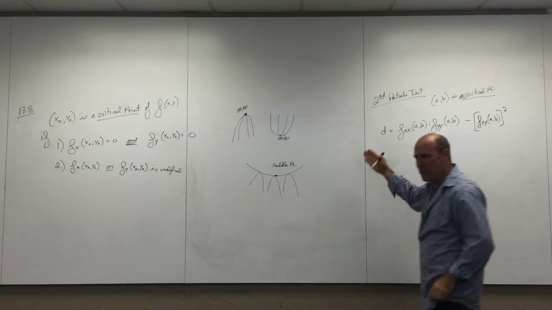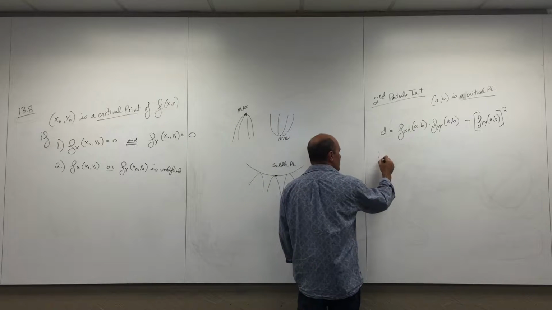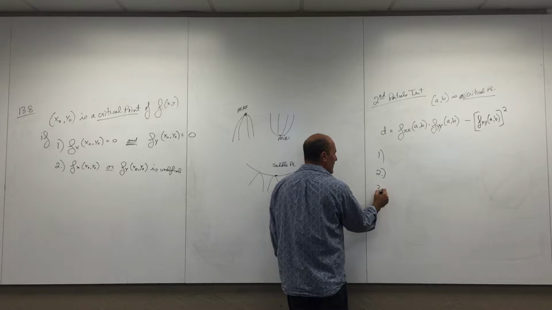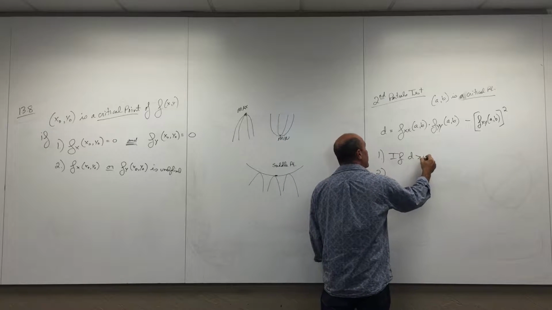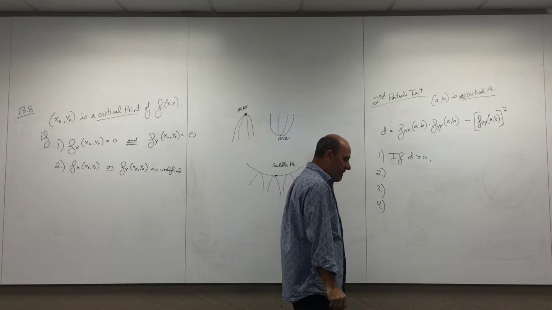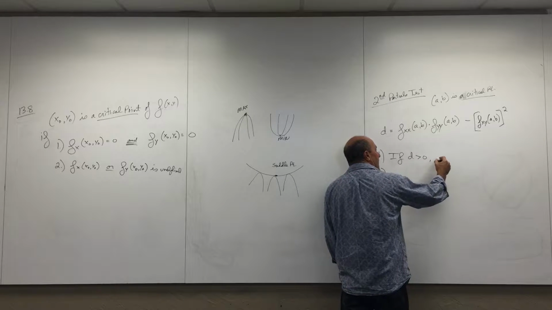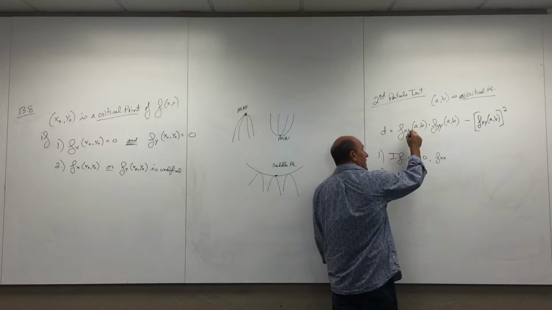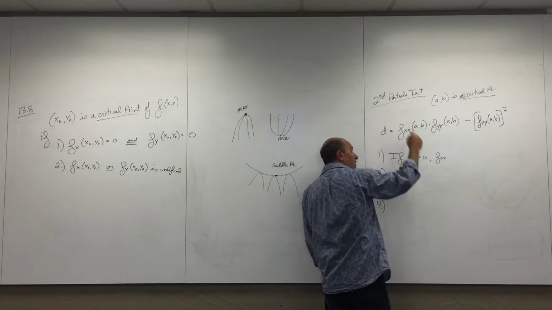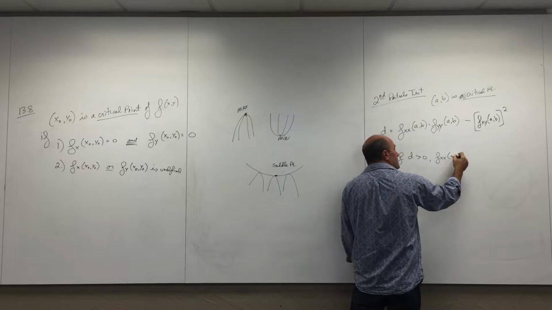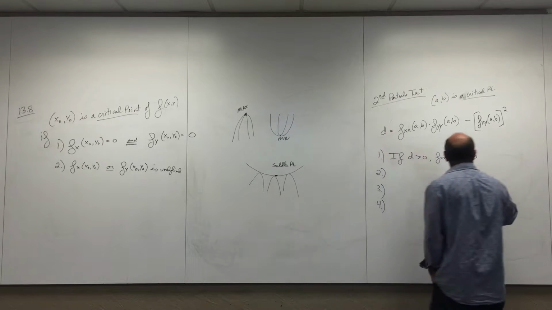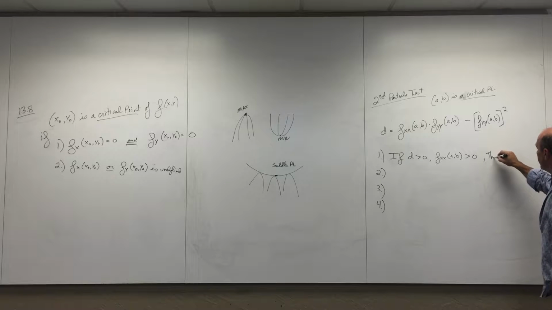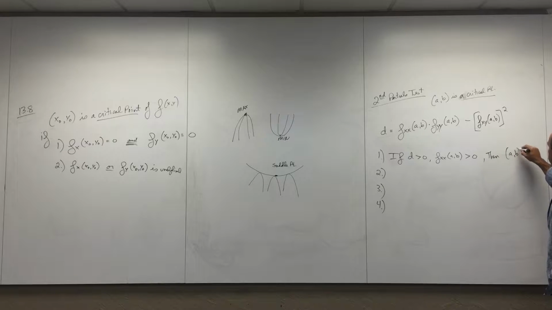You find your critical numbers, then perform this calculation and get this number D. And now here's the conclusion, one of four cases. If D is greater than 0, and that fxx you used to help calculate D is also greater than 0, then our point (a, b) is a relative min.